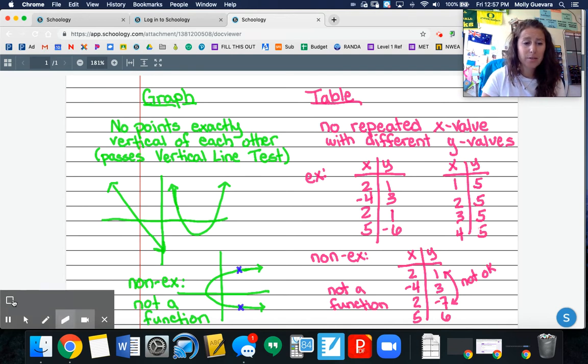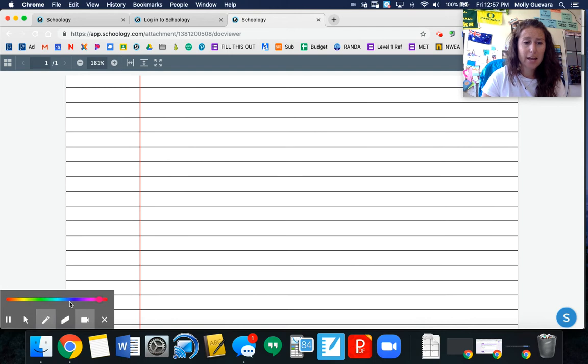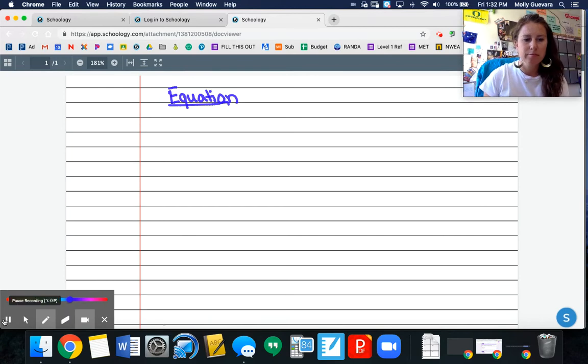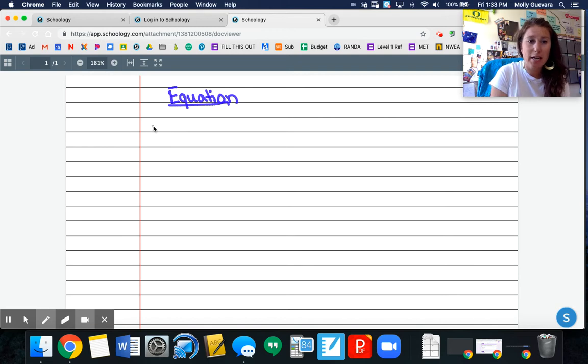Okay, the last one that we're going to look at is in an equation, not in a table. How can you tell if an equation is a function?